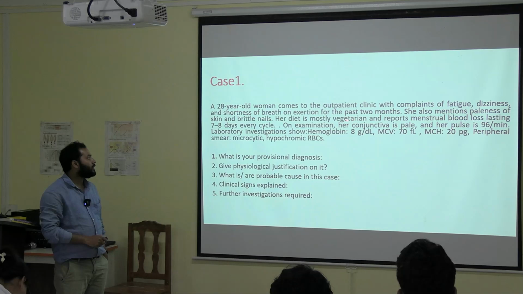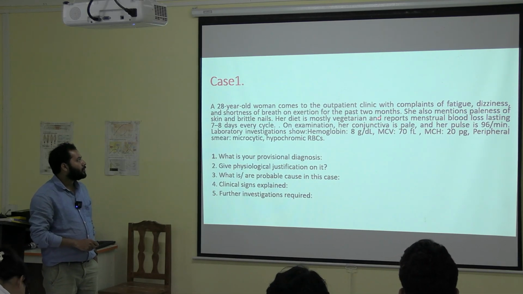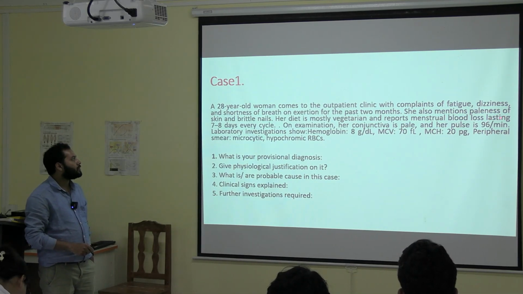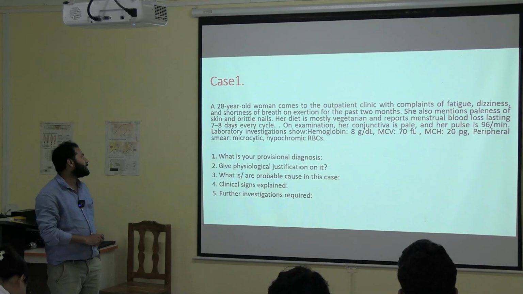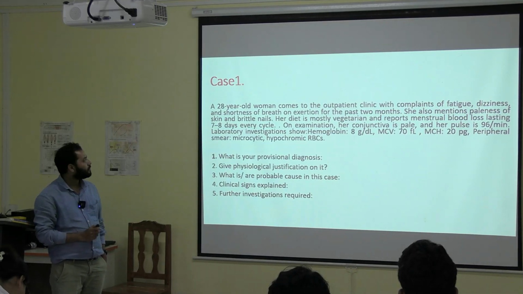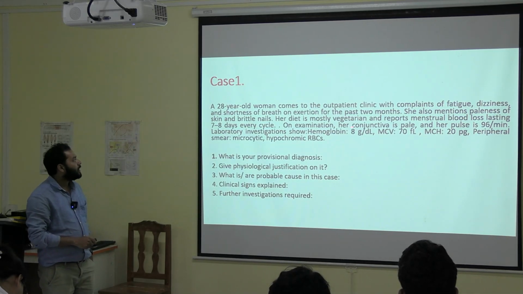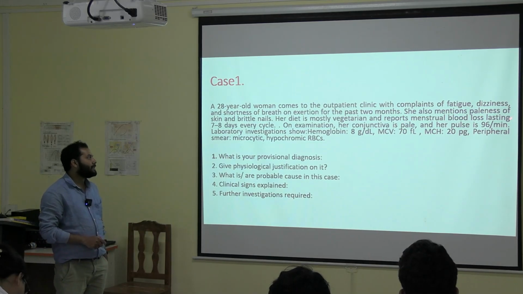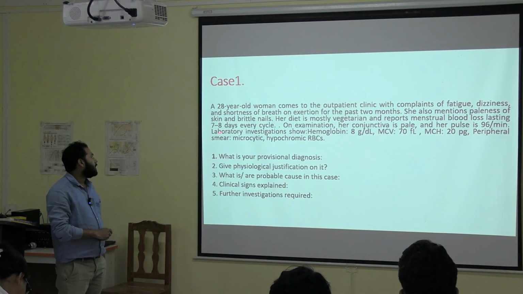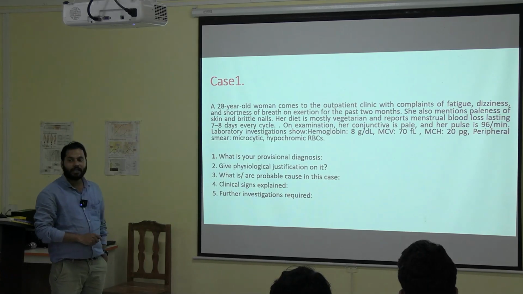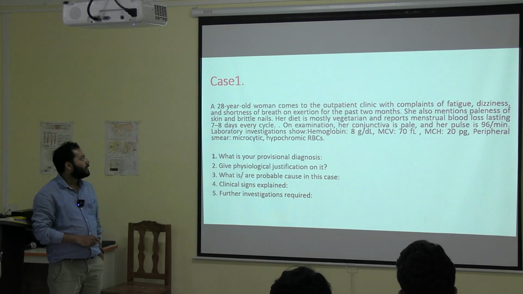Her diet is mostly vegetarian, and she also reports menstrual blood loss lasting 7 to 8 days in every cycle. On examination, her conjunctiva is pale and her pulse is 96 per minute. Laboratory investigation shows hemoglobin level 8 gram per deciliter.